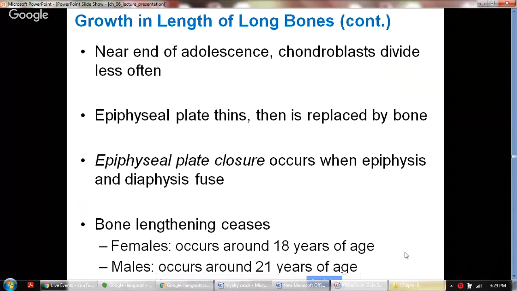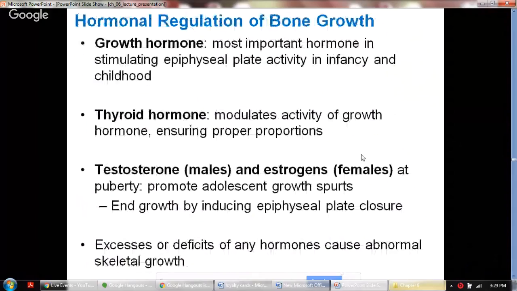Because of that, bone lengthening ceases. There's no longer lengthening. And this usually happens at the age of 18 in females, but it's said that it happens around age 21 in males.